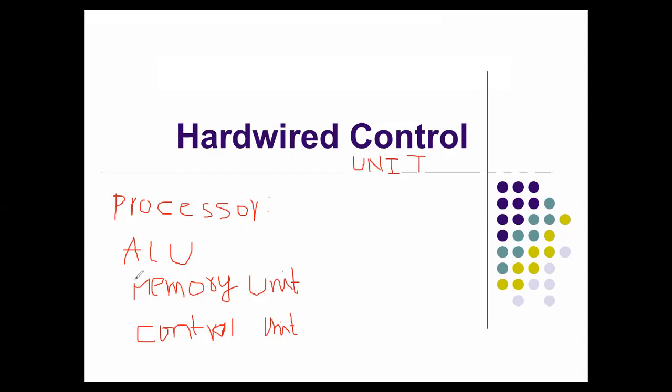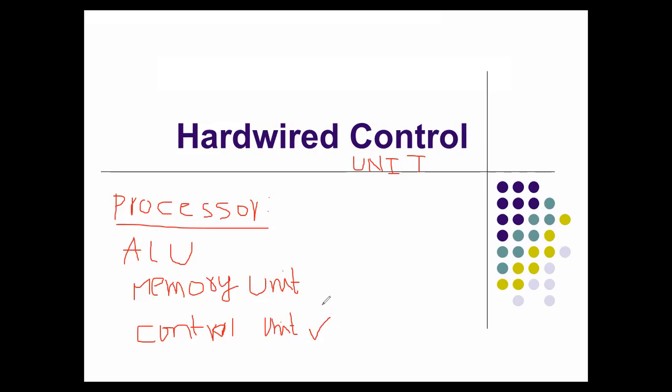If the processor does the given operation and gets the result, and that output is given to the output device, that will be the write operation. That means this control unit says the direction of the data transfer.